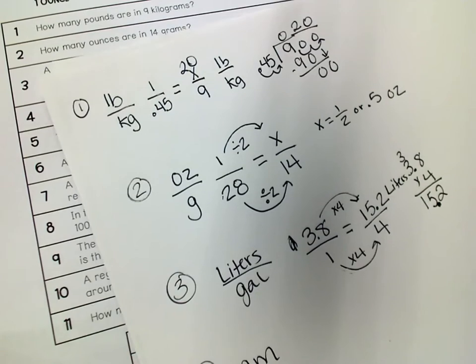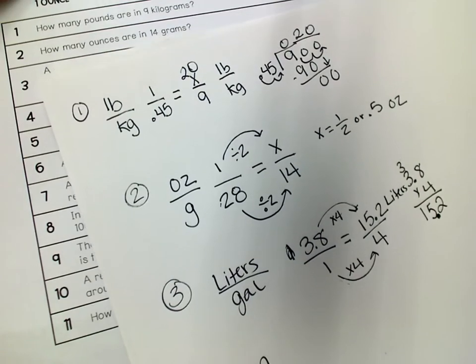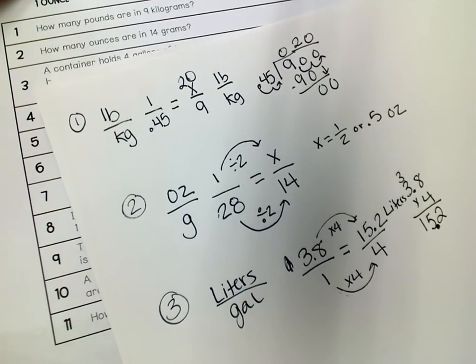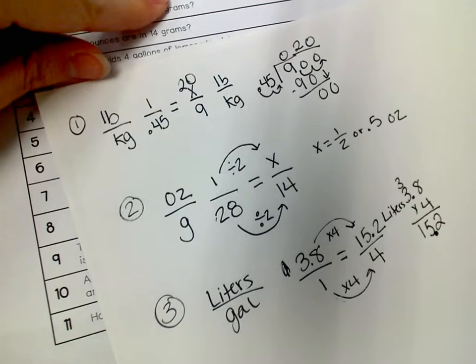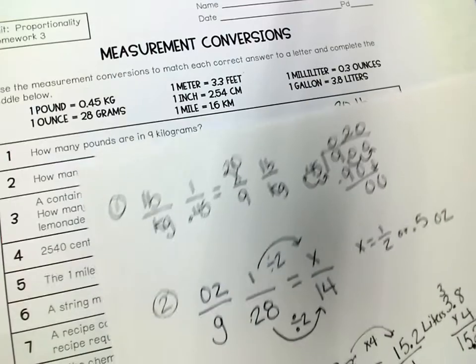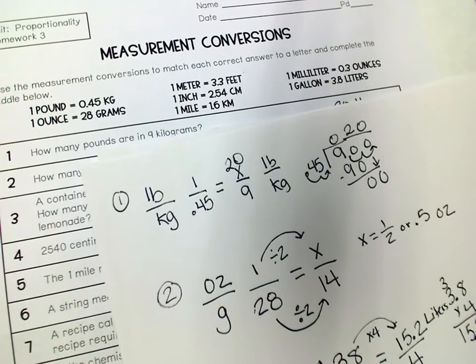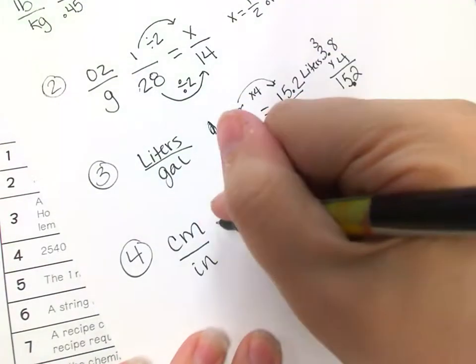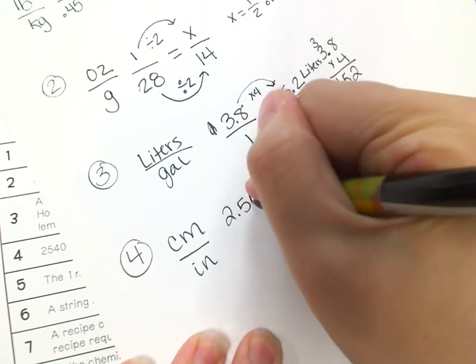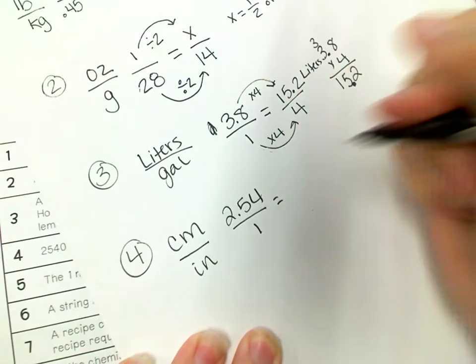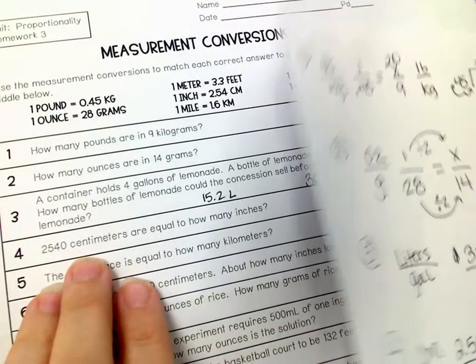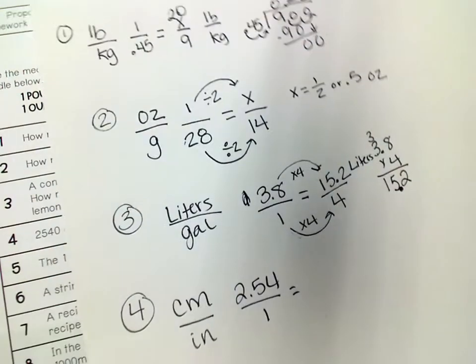So if I look right here, it says centimeter and inches. 1 inch is 2.54 centimeters. So centimeters, that's 2.54. That's 1 inch.